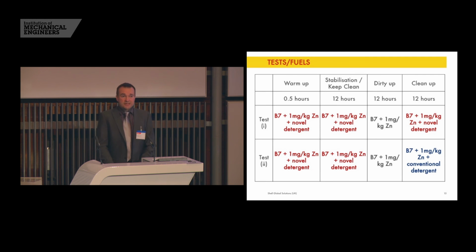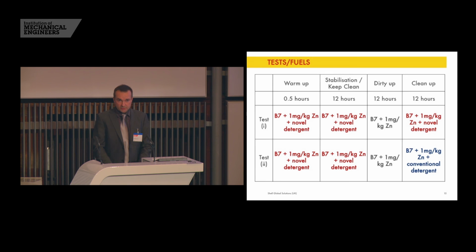We planned to do 2 tests on each vehicle. In the first 2 stages, warm-up and stabilisation, we used B7 plus zinc plus novel detergent, so the detergent in there prevents any deposit formation during that stage, and therefore allows us to decouple stabilisation from deposit effects.